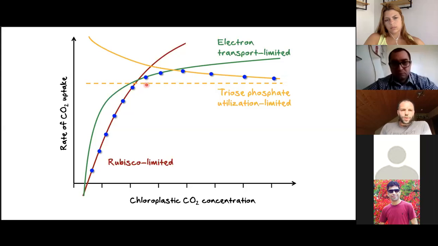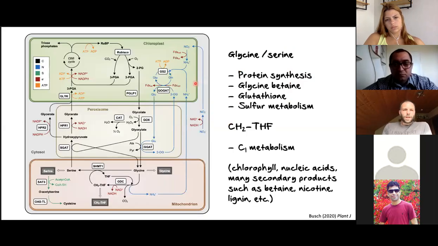So relative to this straight line here, what you might assume to be triphosphate utilization limitation, you get this sort of hump of extra assimilation rate on top of that, which is highest at intermediate CO2 concentrations. And that, it turns out, has to do with photorespiration.